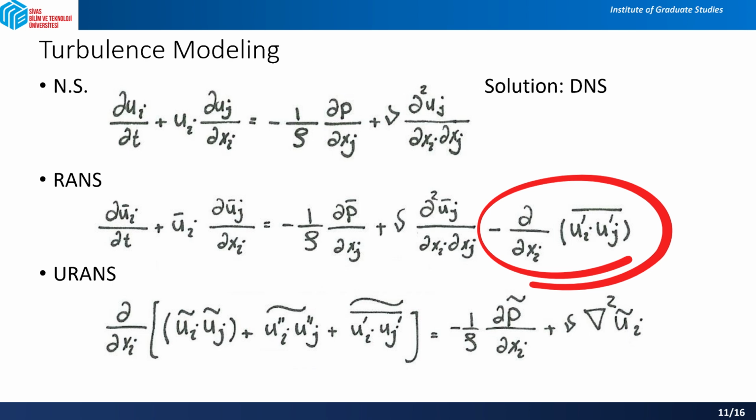See, two fluctuations multiplied and then averaged. This is nothing that you can infer from the flow itself, because you're dealing with mean flow. You're dealing with u bar, but here you have u prime times u prime bar. These two primes mean fluctuations. Fluctuations do not exist in your mean flow, right?